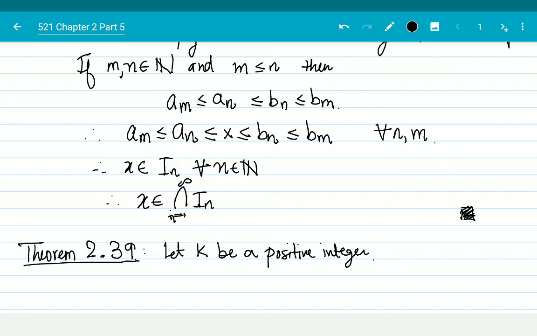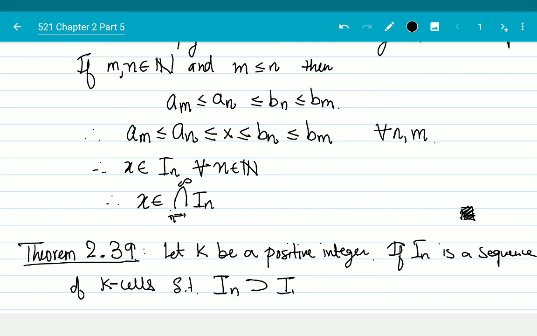If I_n is a sequence of k-cells such that I_n contains I_{n+1} for every n = 1, 2, 3, and so on, then their intersection is not empty.